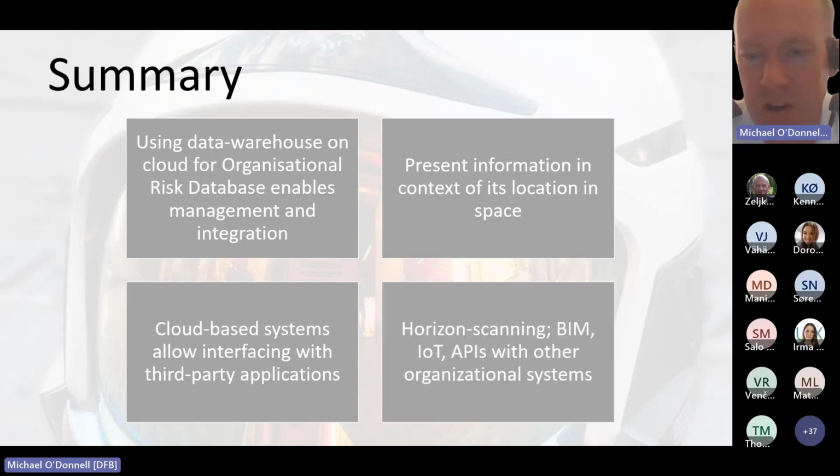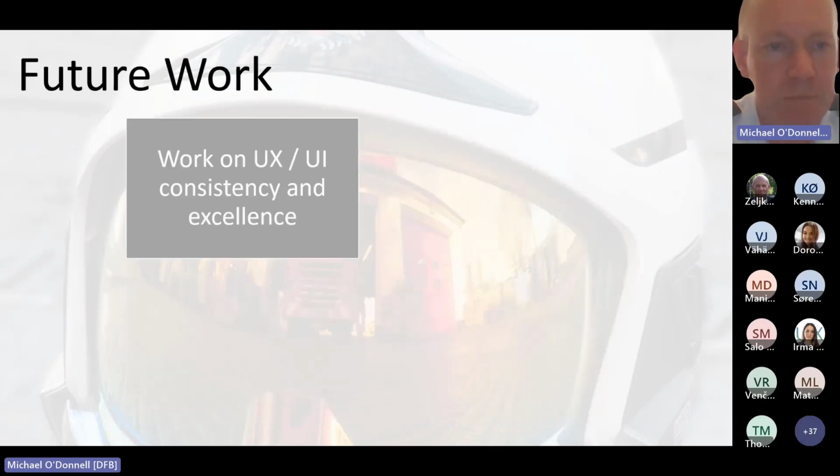And then looking at the horizon, BIM maturity, we're probably not there yet in terms of our use case. But this is a tool that could facilitate that. Internet of Things, similarly, and APIs with other organizational systems. The work is ongoing, and what we want to focus on is the user experience and the UI, and that there's consistency and excellence in that.